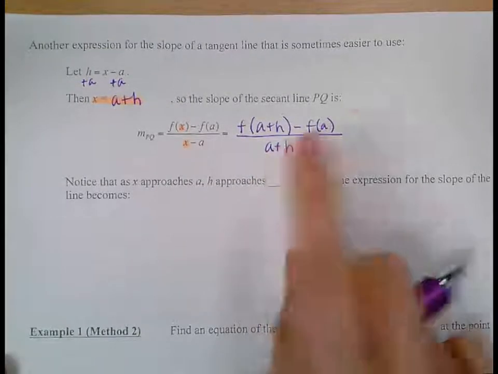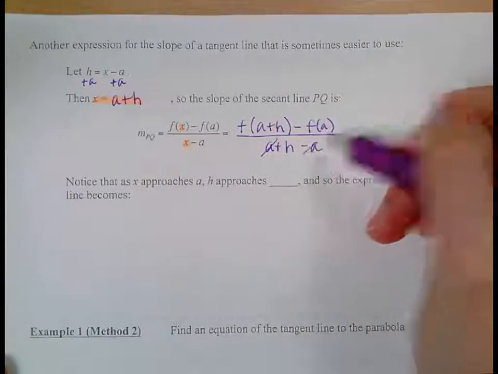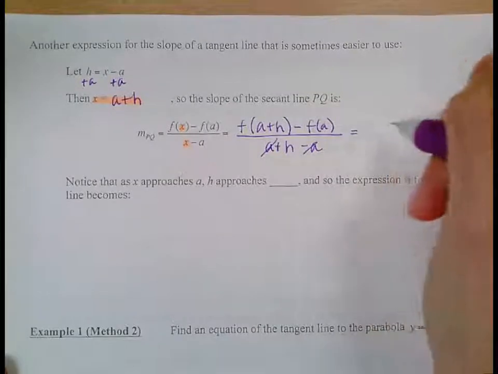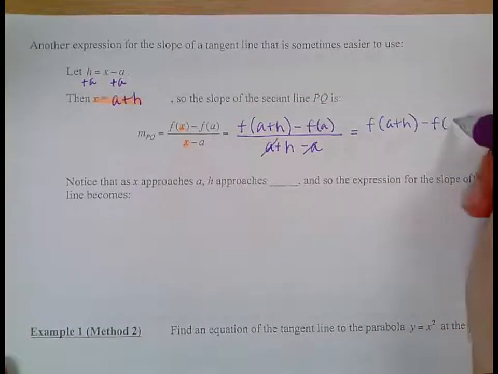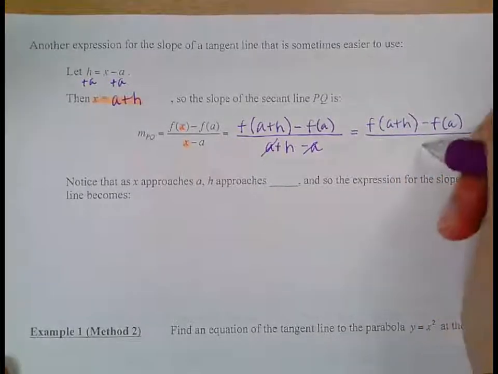So in the denominator, the a's are going to cancel out. So I just have f of a plus h minus f of a all over h.